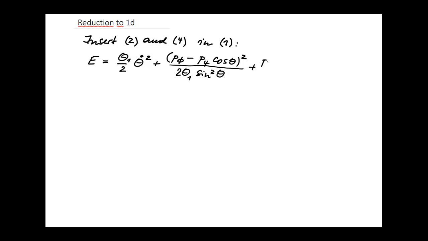Then we have p psi, the generalized momentum p psi squared, divided by 2 times eigenvalue theta 3 of the moment of inertia. And then we have the potential energy, which is still mgs cosine theta.